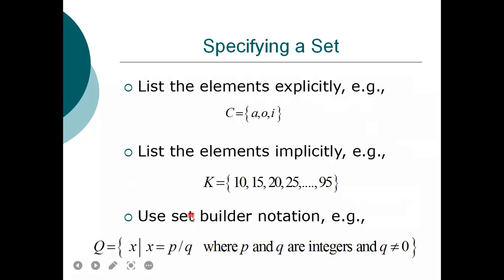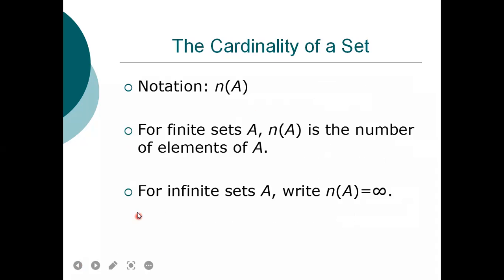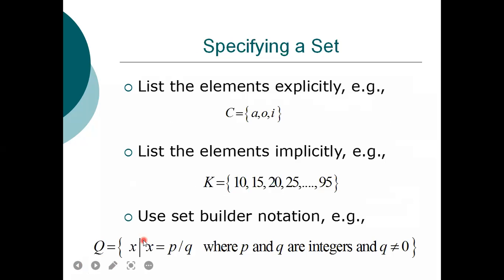Now, I have discussed the cardinality of a set. Now, specifying a set: list the elements explicitly, for example, C equals {A, O, I}. List the elements implicitly, for example, K equals {10, 15, 20, 25}, that means multiples of 5.